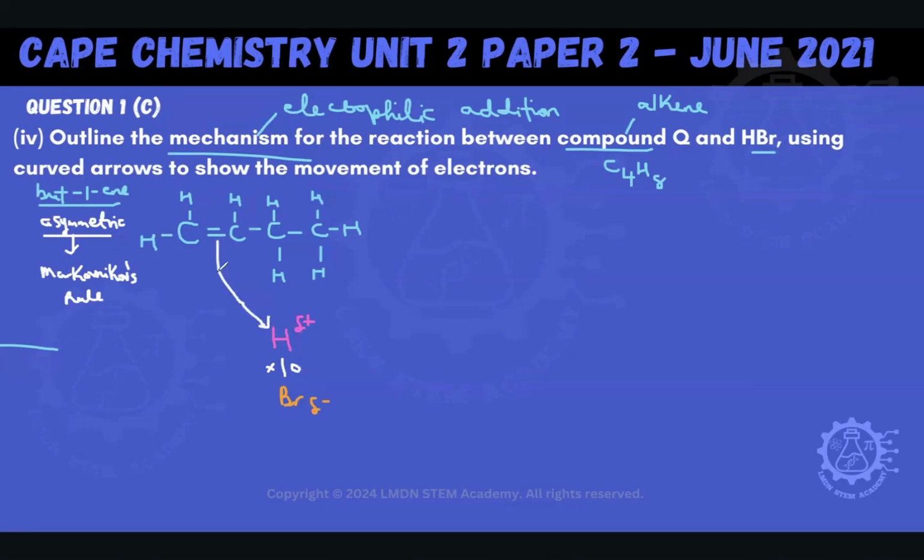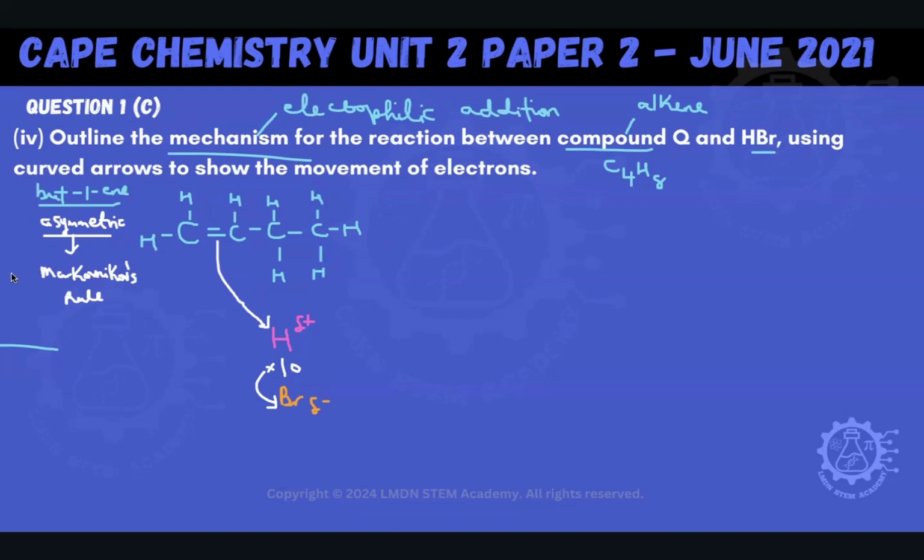So they're going to grab onto the hydrogen and say, come and join us and be a part of our molecule, okay? So the double bond is going to grab the H plus to become a part of it, and the H plus will have no choice but to give away both of those shared electrons to the bromine, okay? And so what happens here then is that we end up with this intermediate structure.